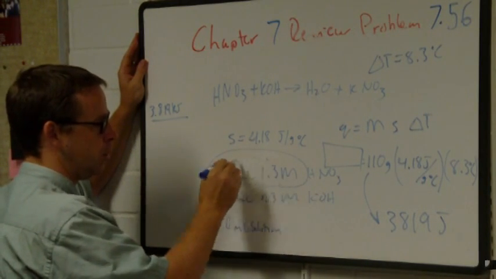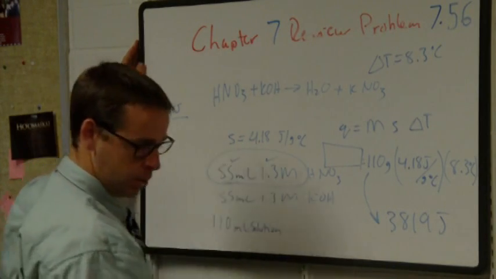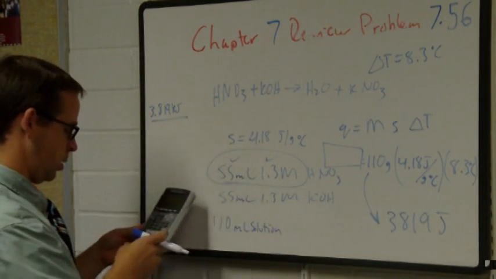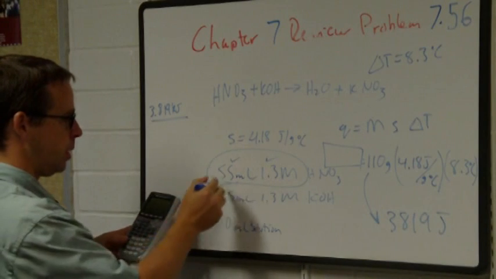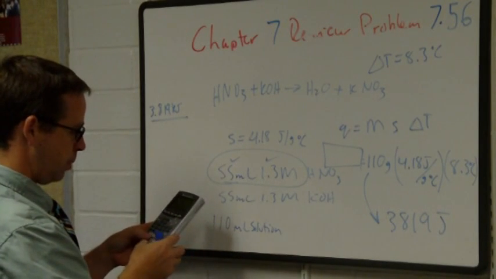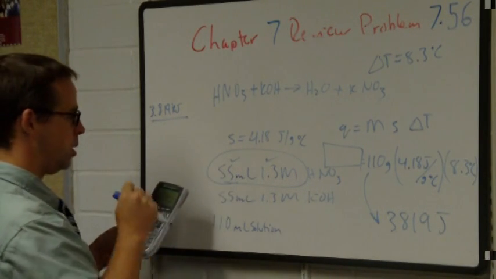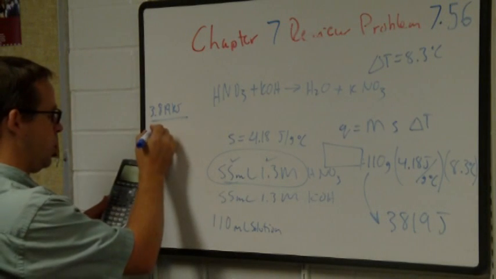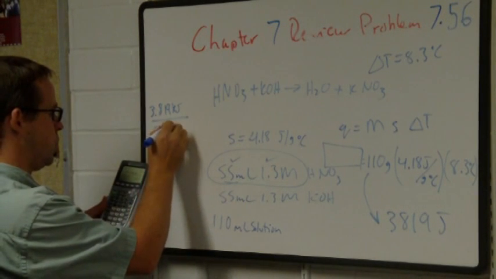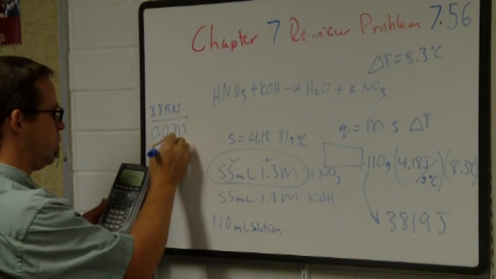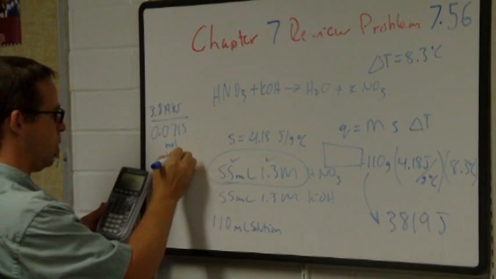Well, there's 55 milliliters of 1.3 molar. So we can just take 0.055, that's how many liters there were, multiply it by 1.3, and that's going to be how many moles there were. So there was 0.0715 moles of HNO3.